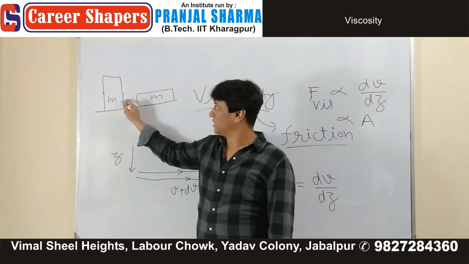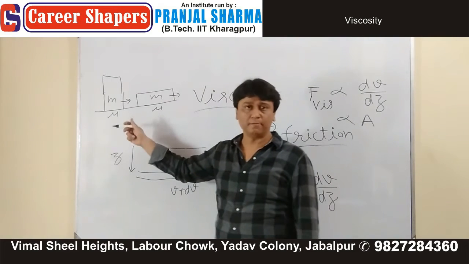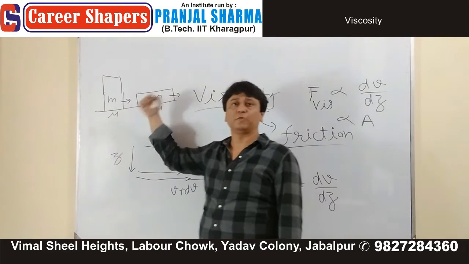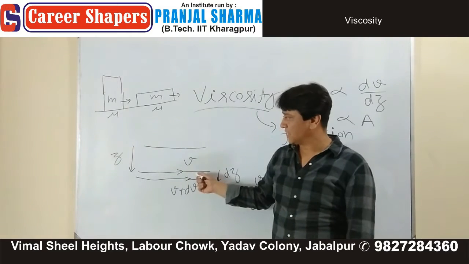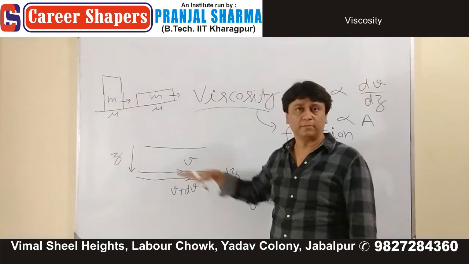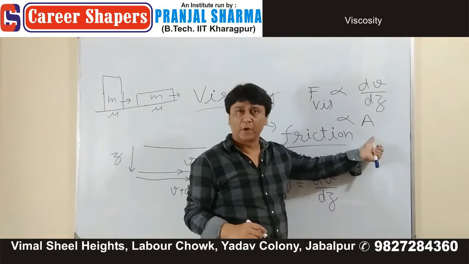You try to pull this thing, the coefficient of friction is the same and the force of friction will also be the same. Whereas in this case we say that if the area is A, then the viscous force is proportional to area.